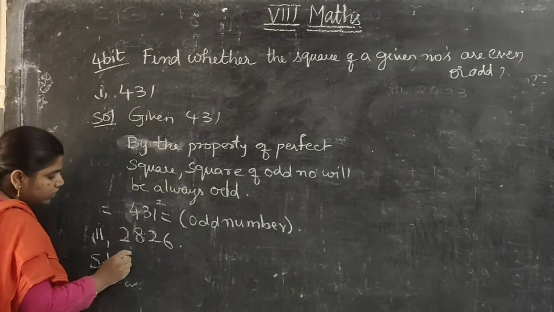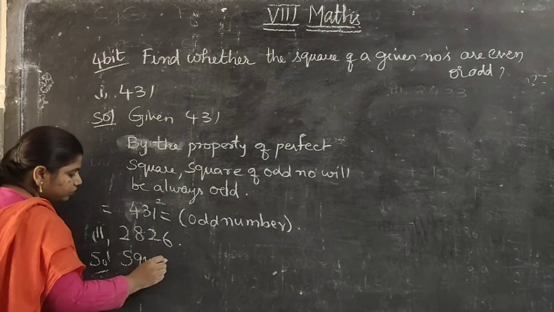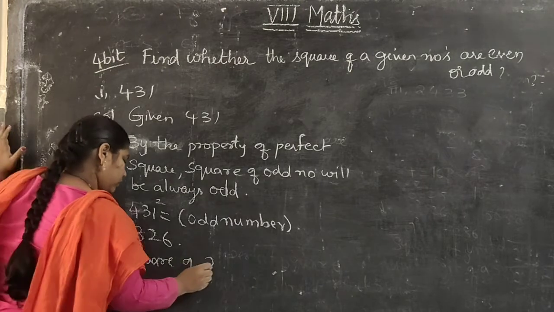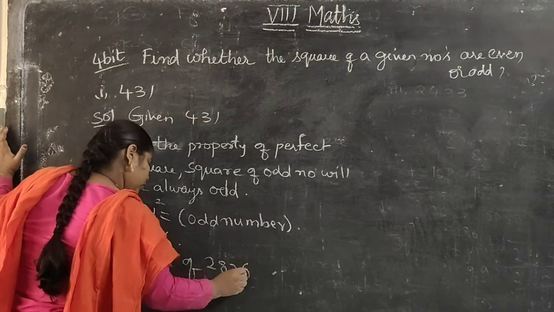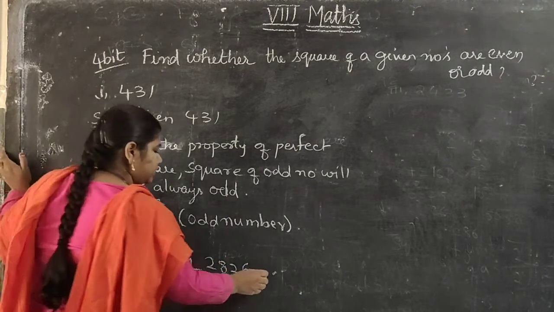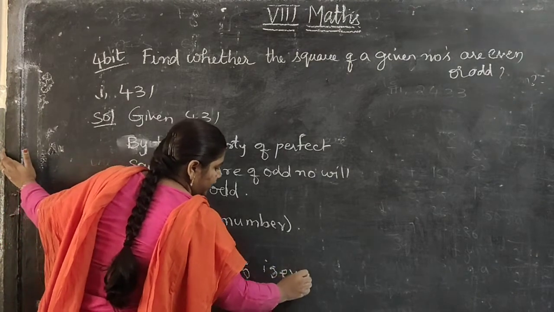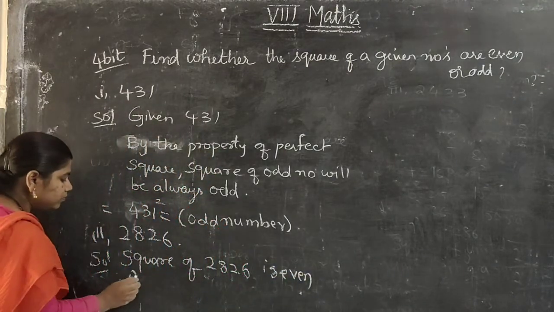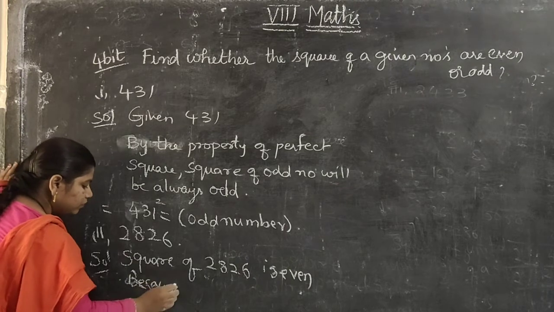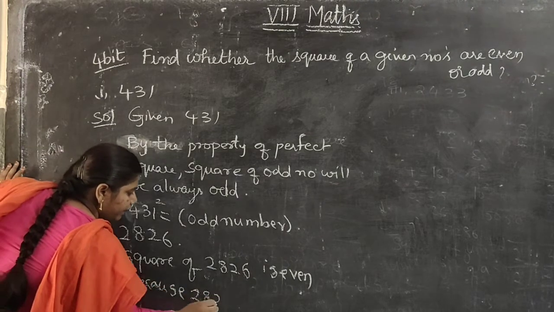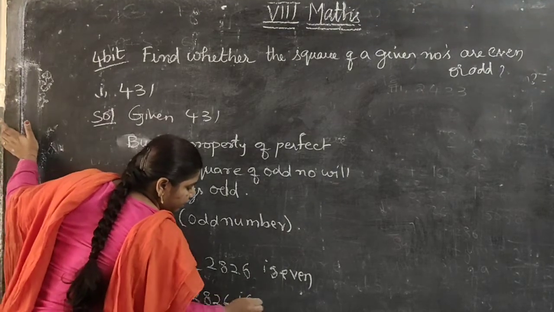So the square of 2826 is even because 2826 is an even number.